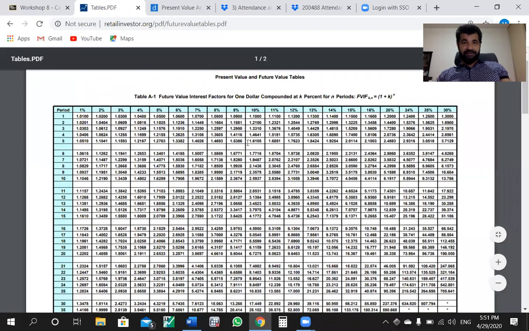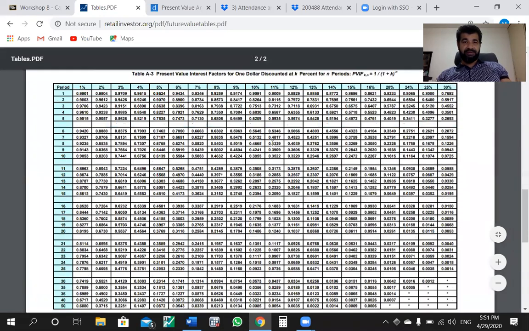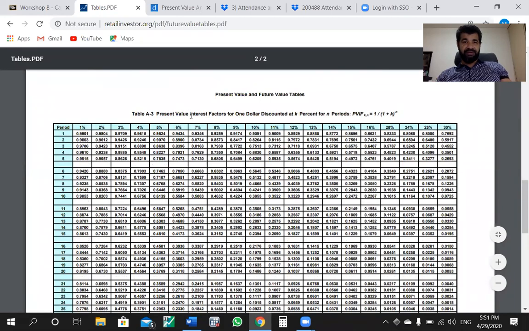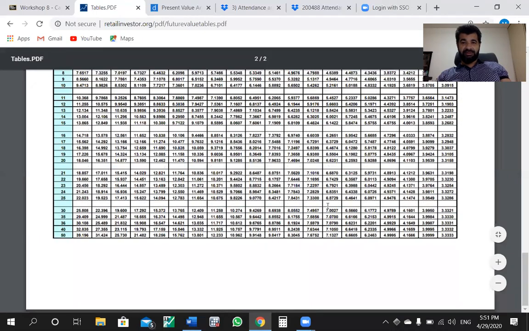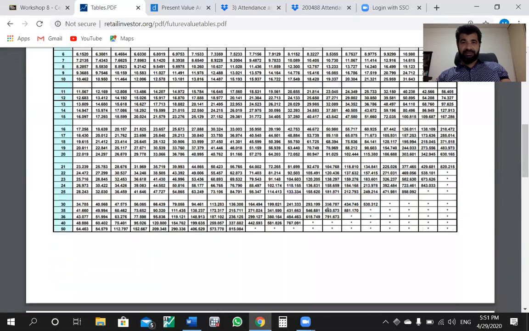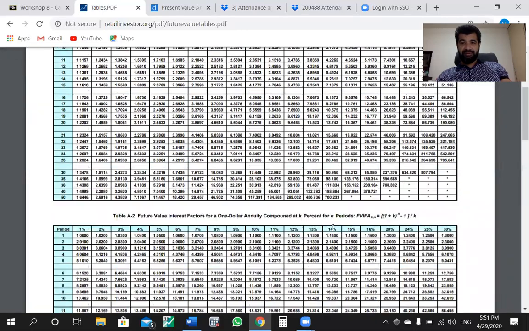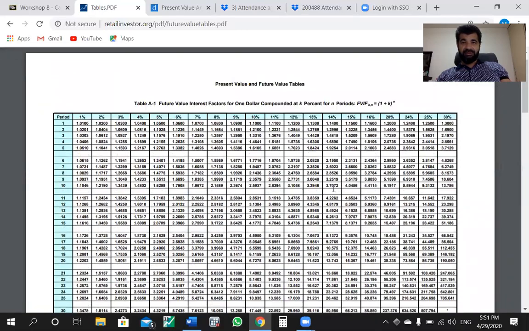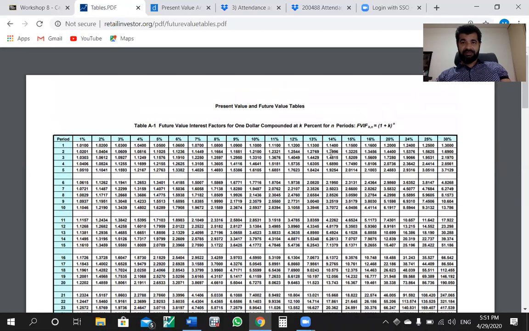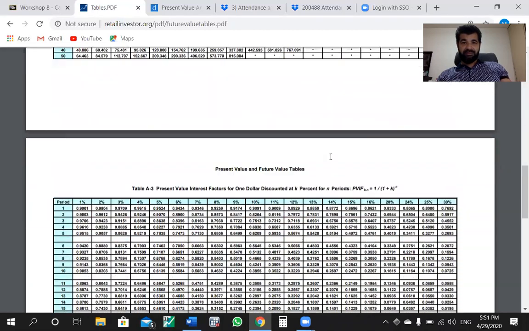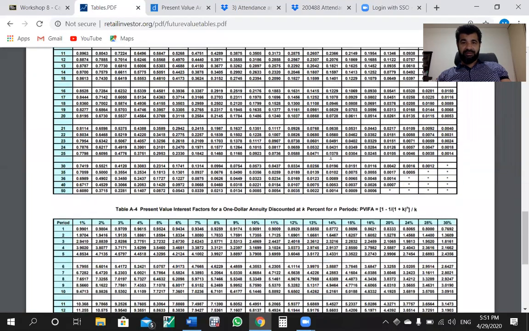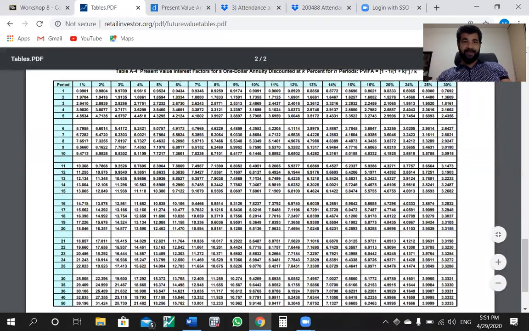Not this one. This table is present value interest factors for $1 at discount rate K percent. This is my annuity one, not future value annuity. Yeah, this one.